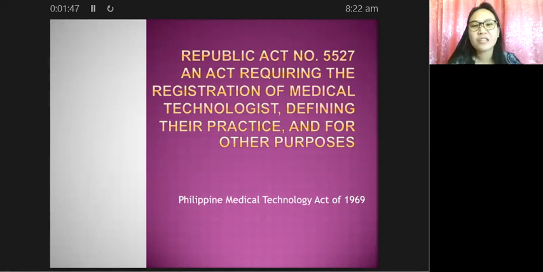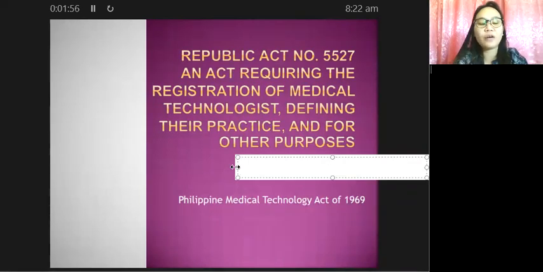When RA 5527 was a bill, it was referred to as Senate Bill number 996.